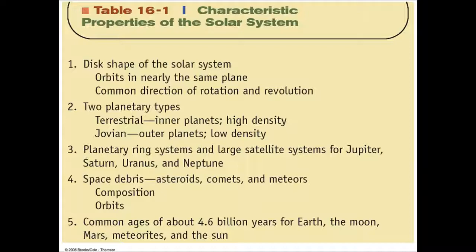And we'll talk a little bit about this today, and we're going to get into this more when we talk about stars. But there's a good reason for this. It's not a coincidence that all the planets in the solar system lie on the same plane. It's not a coincidence that they all orbit the sun in the same direction and that they rotate in a very similar way.